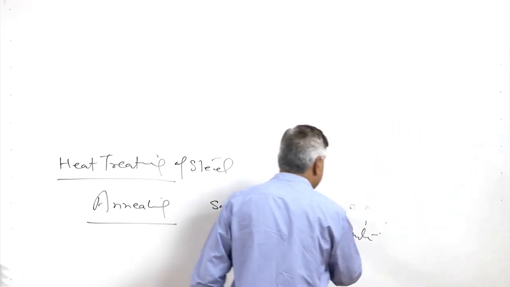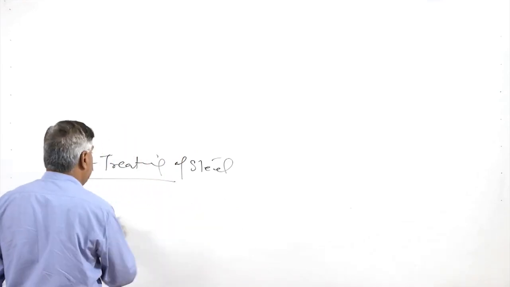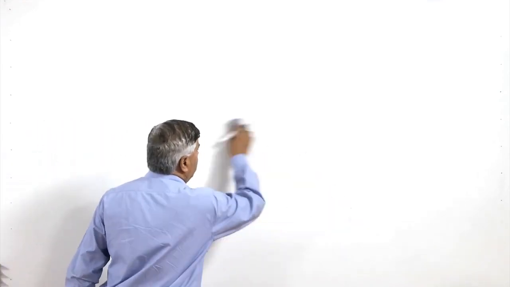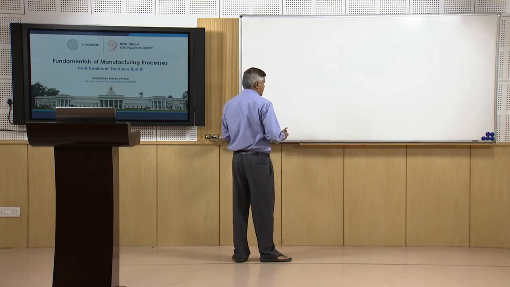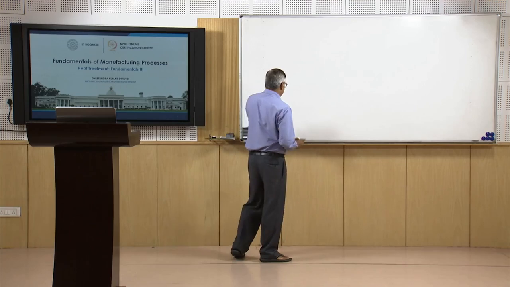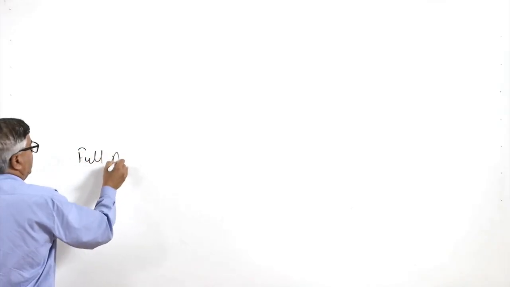So, there are three variants of the annealing of the steels. One is called full annealing, another one is called process annealing, and the third is spheroidizing.